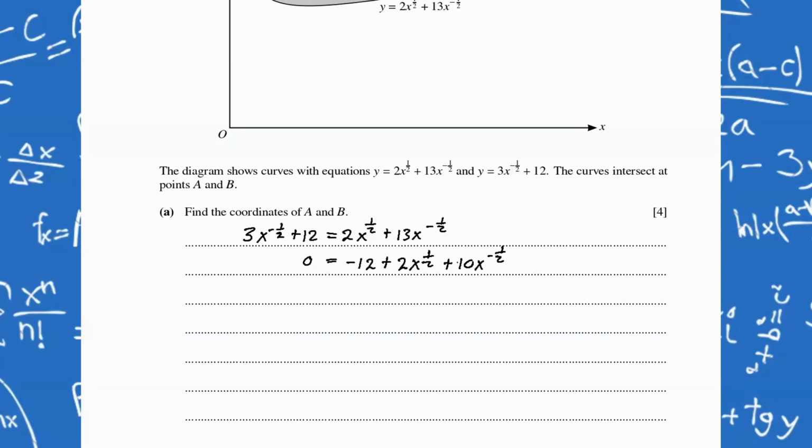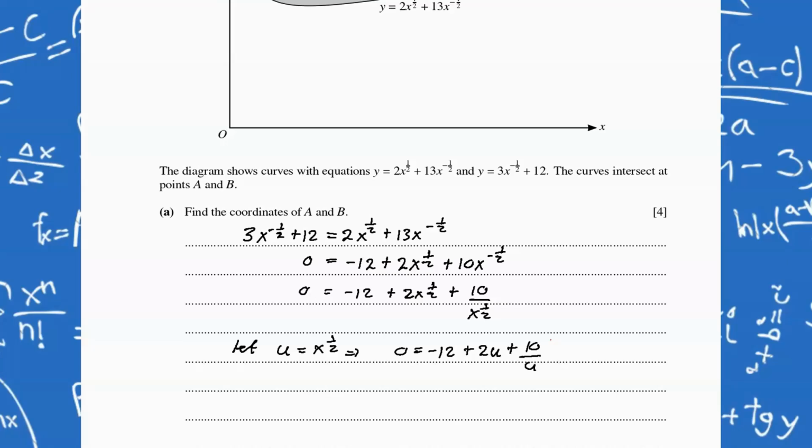Basically this is 0 = −12 + 2x^(1/2) + 10/x^(1/2). So I am going to say let another letter like u be equal to x^(1/2), which will give us 0 = −12 + 2u + 10/u.